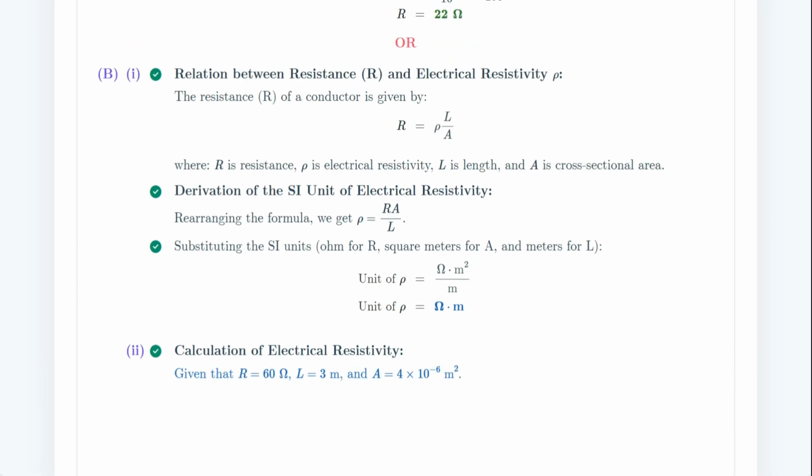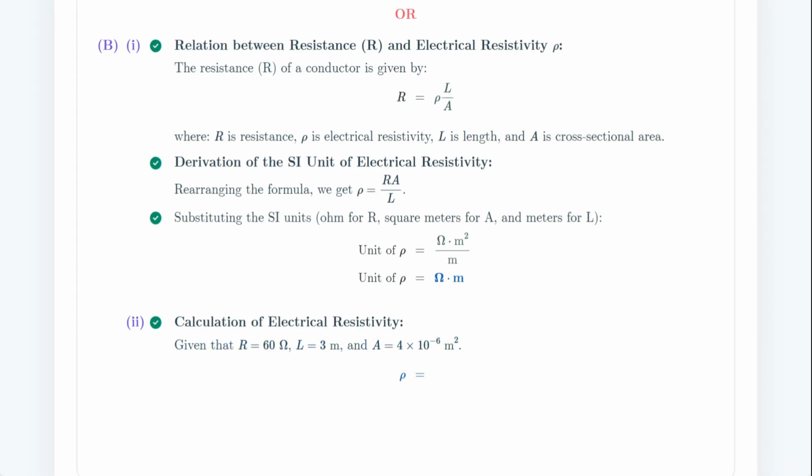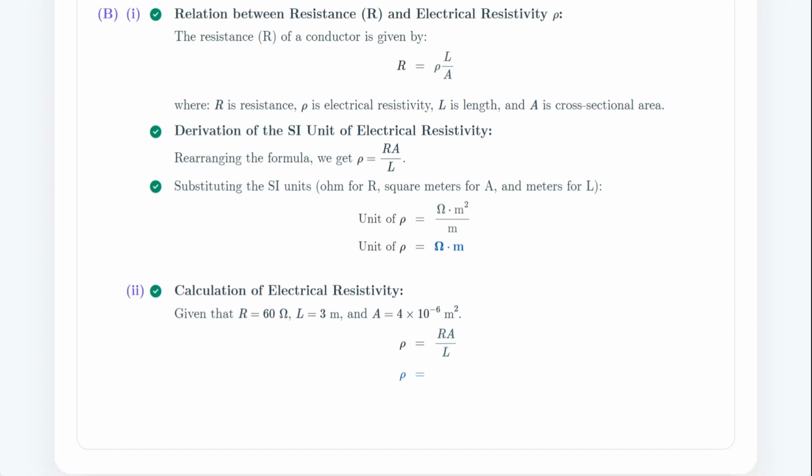Resistance R is 60, length L is 3, and area A is 4 times 10 to the power of minus 6. Using the formula we just rearranged, ρ equals resistance times area divided by length. Substituting our numbers into the equation, we get 60 multiplied by 4 times 10 to the minus 6, all divided by 3.